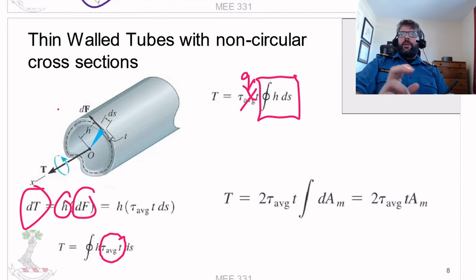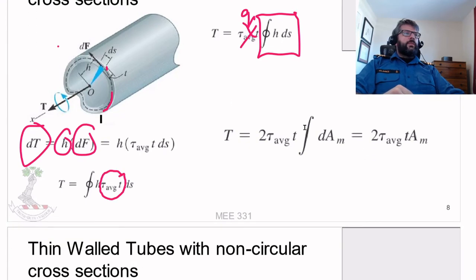So if we want to figure out what the integral of h ds is over the entire thing, then we can just take twice the area, from the center of the perimeter all the way around.